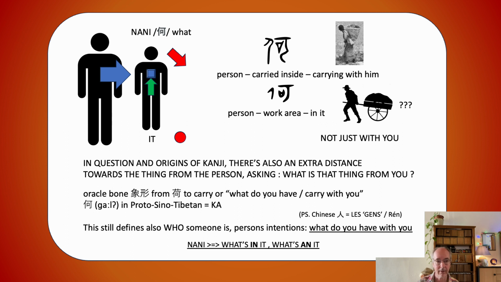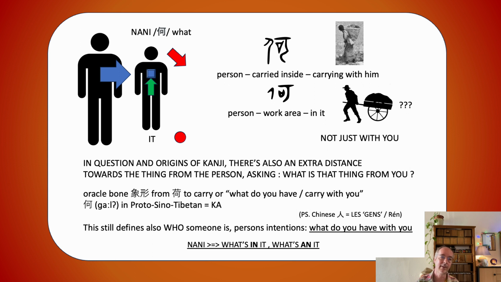On the other hand, the symbol itself is a question mark. As you can see, it's question mark in the Proto-Sino-Tibetan language. It's also used as ga or ka. It is used as a question, so you can also use it as a question, but it is with the mentality behind it. Go towards the thing, but not just the thing, but the thing that has been used, that has been temporarily used by someone, and that's a reference point.